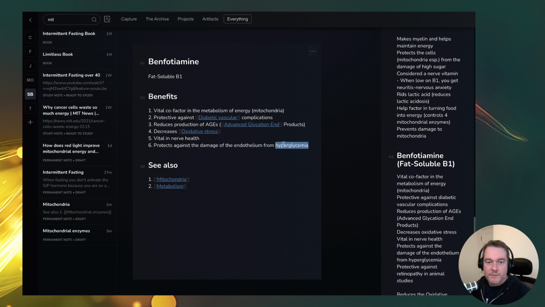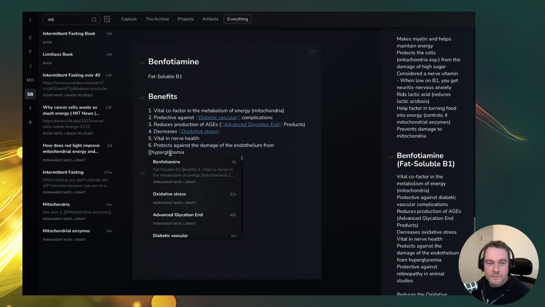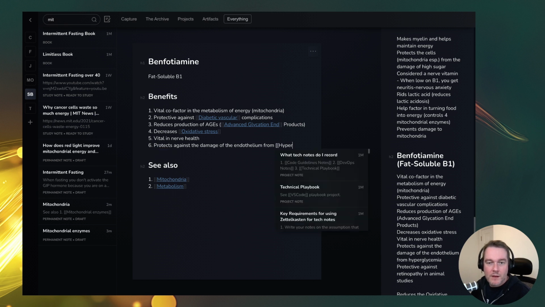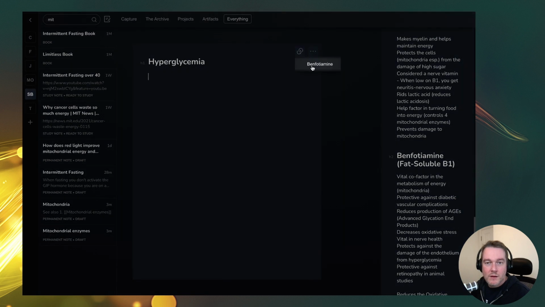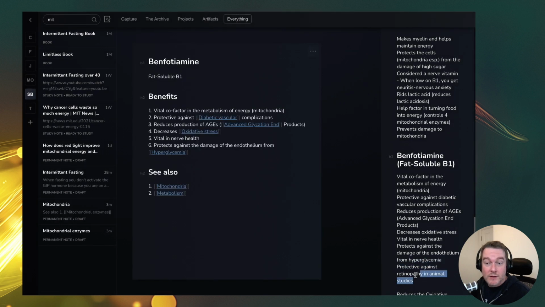I think I've got hyperglycemia, and protective against retinopathy.